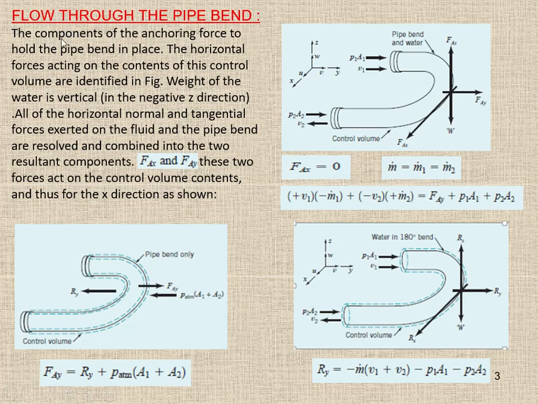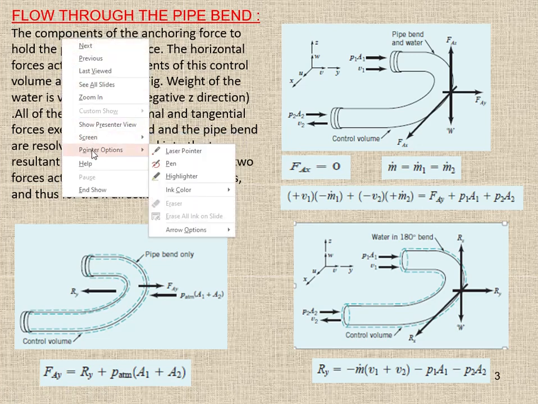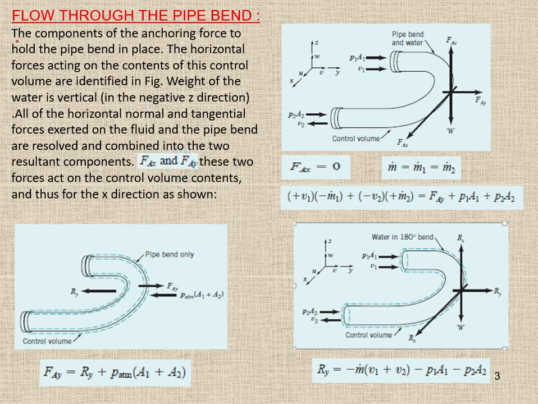The component of the anchoring force to hold the pipe bend in place, the horizontal forces acting on the content of this control volume are identified in the figures. These dotted lines indicate the control lines, and we can see how the calculation changes when we change the control volume.